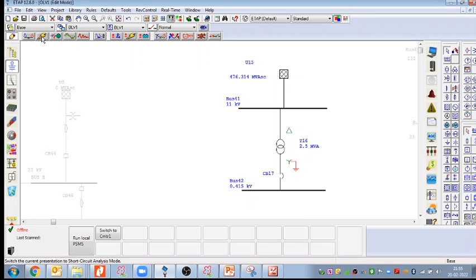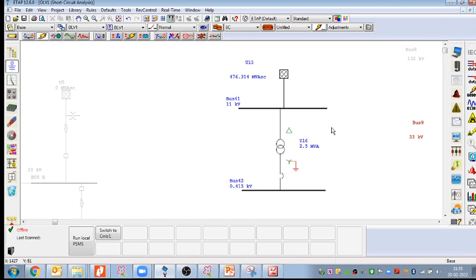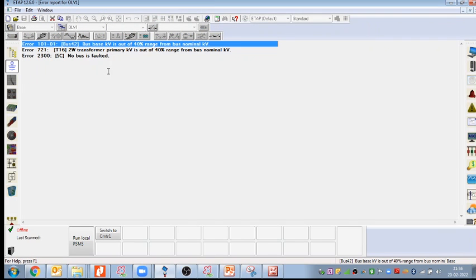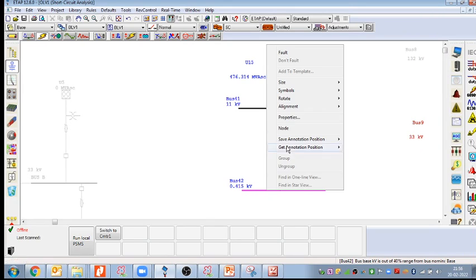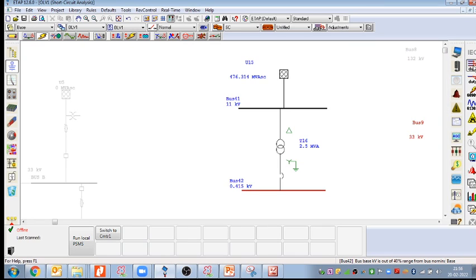Now go to this tab, click here, and see what the current rating is. Let me click on the duty. There might be bus 42, T16, and short circuit. Bus 42 is here. T16, where is T16? What was the fault current? Let me produce the fault here.